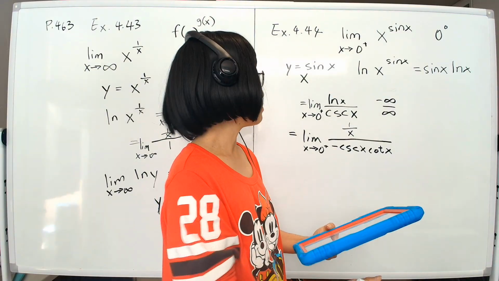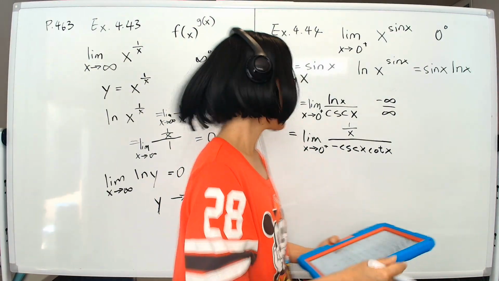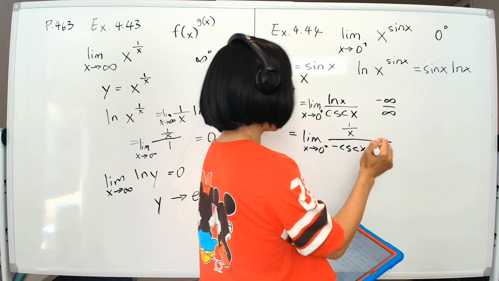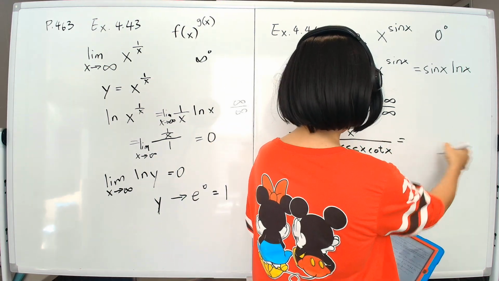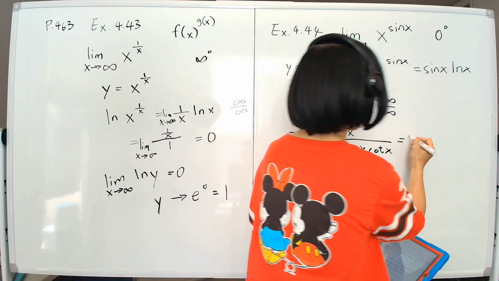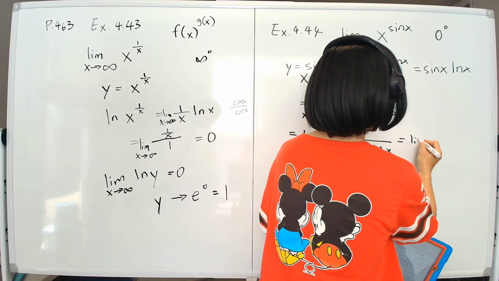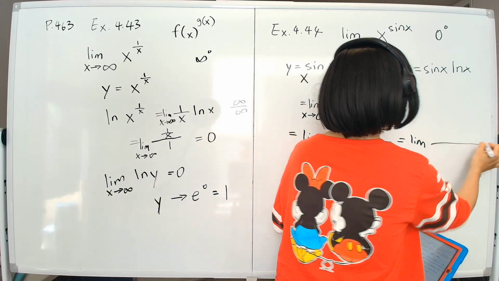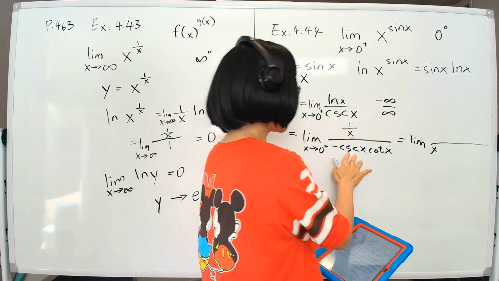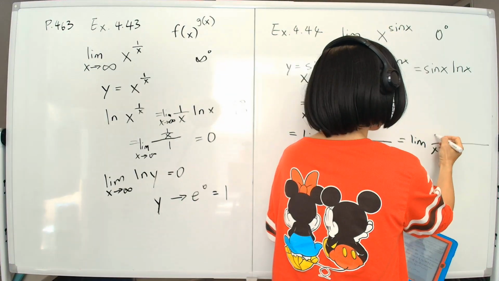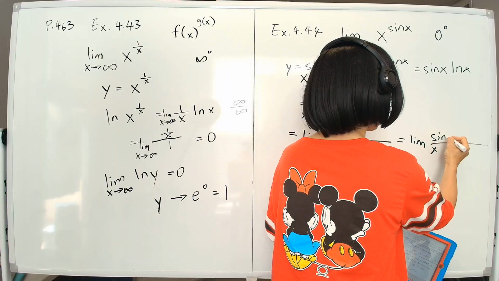Now to simplify matters, we're going to pull some trigonometric skills and rewrite this to make it look better. So the limit of cosecant, we'll write the x on the bottom. Cosecant is 1 over sine, so we'll write the sine on top.